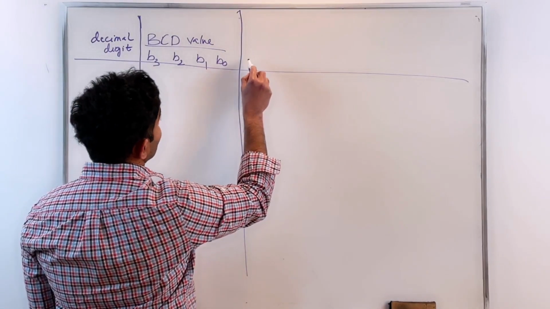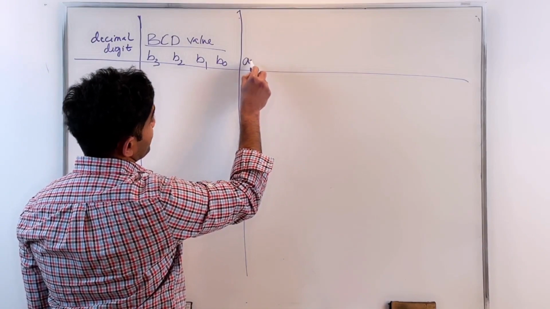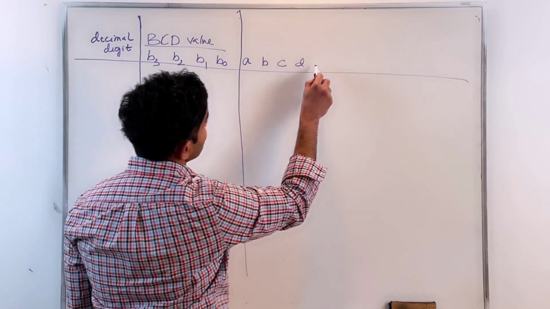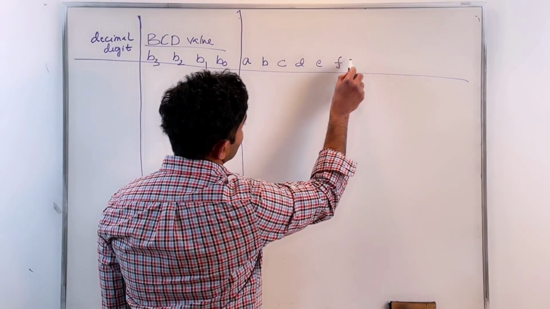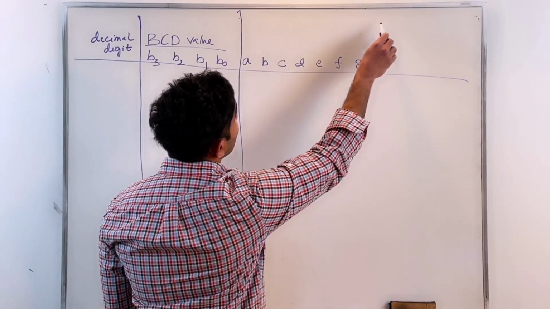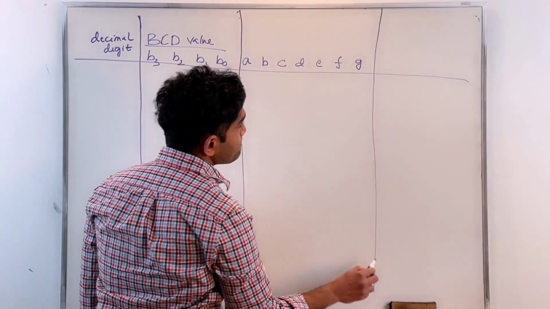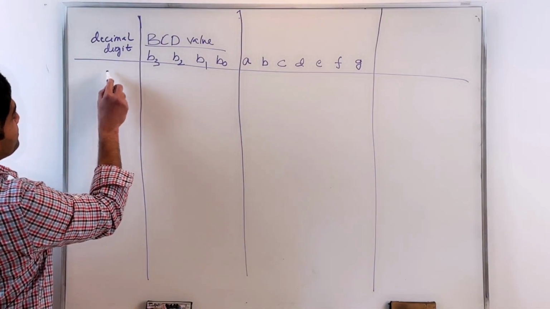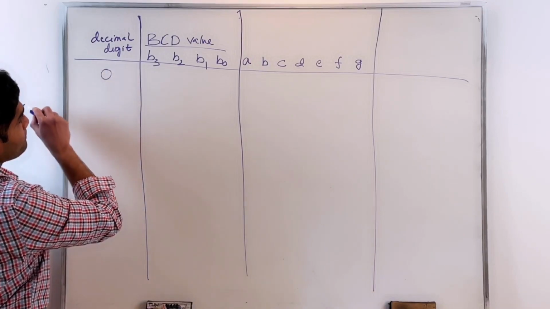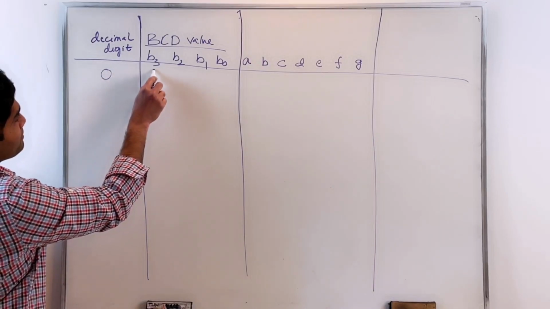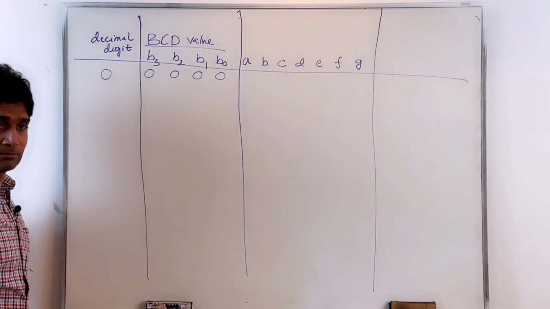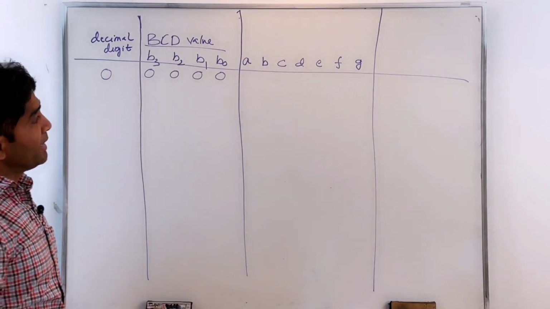Then my outputs, A through G: A, B, C, D, E, F, and G. So my decimal digit is 0. I'm applying a binary coded decimal value of 0, 0, 0, 0. And what should light up?